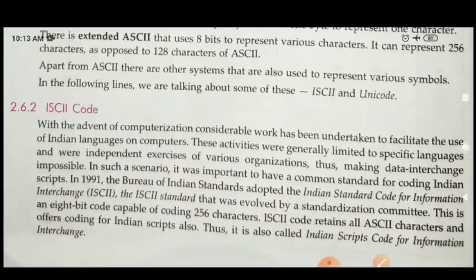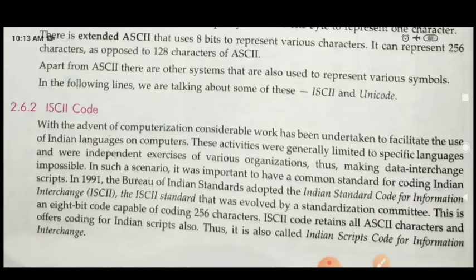In the same way as ASCII codes are used as data representation, ISCII is the extended version of ASCII, because in English there are only limited characters and symbols which are used for typing and for representing data inside the computer, whereas there are many regional languages in India.